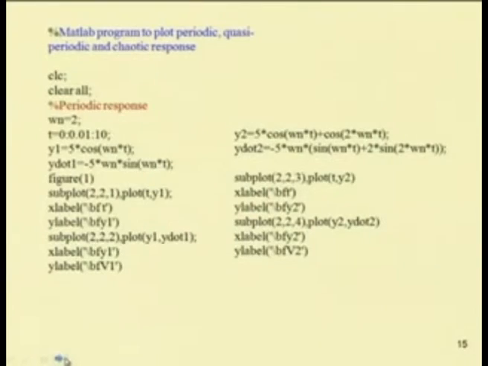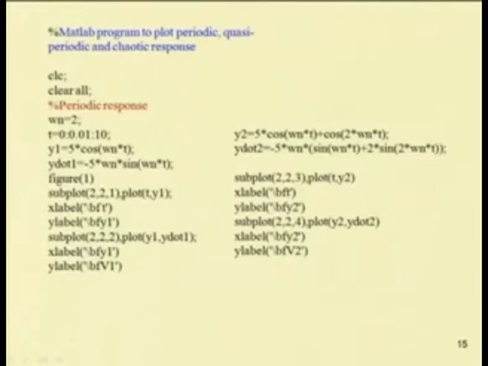So, here a MATLAB program is given for finding the periodic, quasi-periodic and chaotic response. So, for example, let us take y1 equal to 5 cos omega n t. Here omega n is taken to be 2. Its velocity, by differentiating, will be equal to minus 5 omega n sin omega n t.